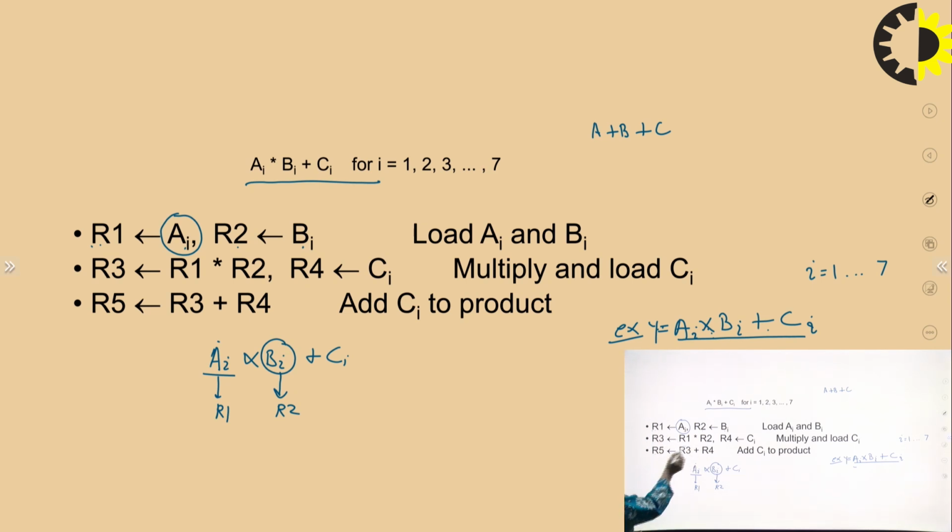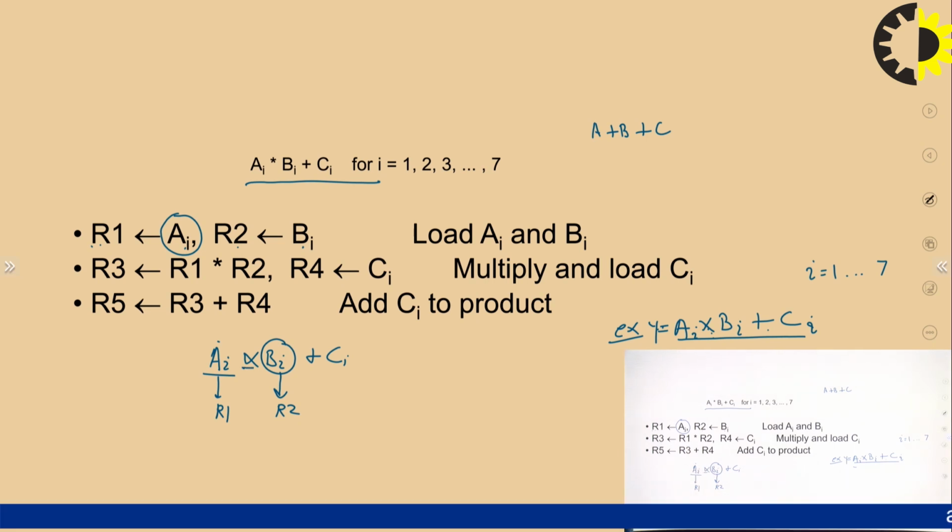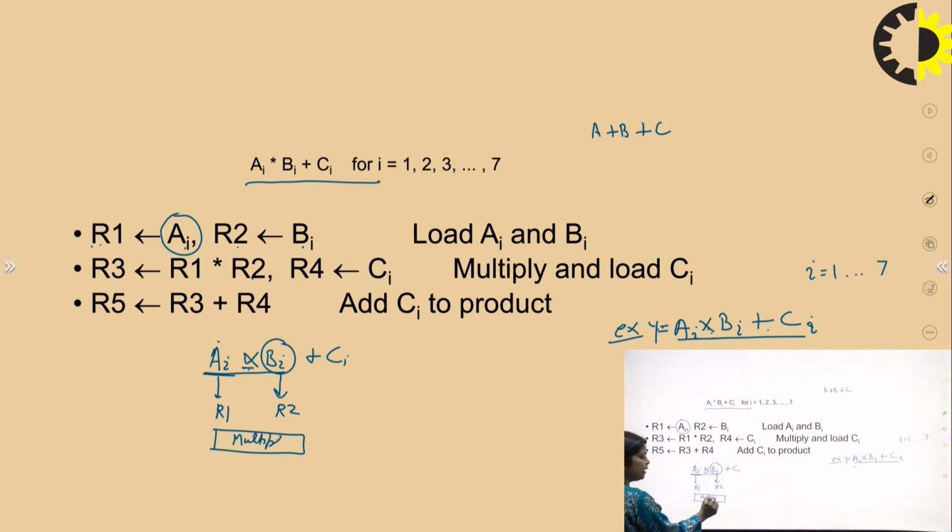In the second stage, we perform the multiply operation. By the BODMAS rule, we apply multiplication first, then addition. So the multiply operation is applied on R2 and R1, and for multiplication you can use a multiplier circuit.